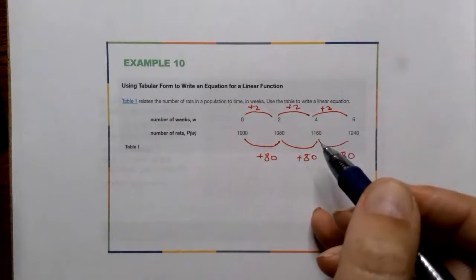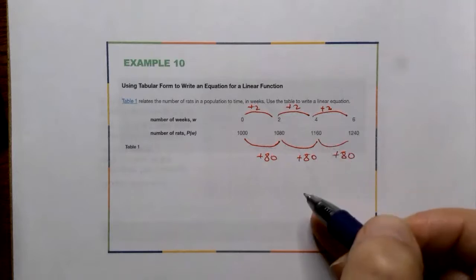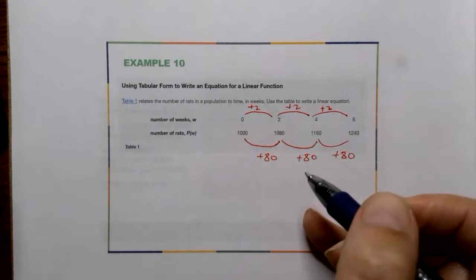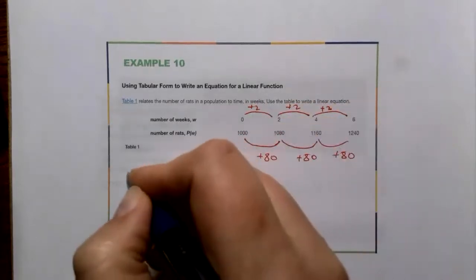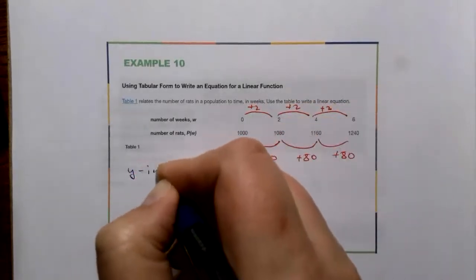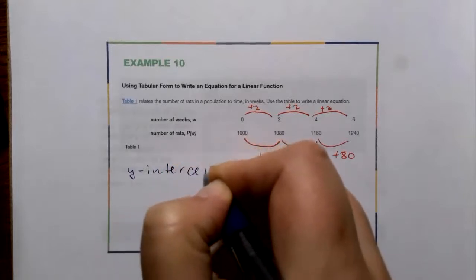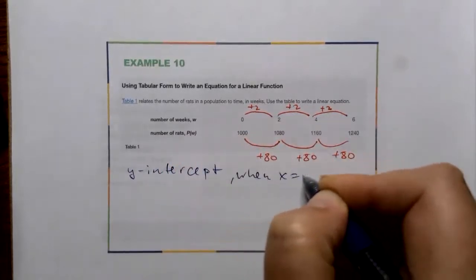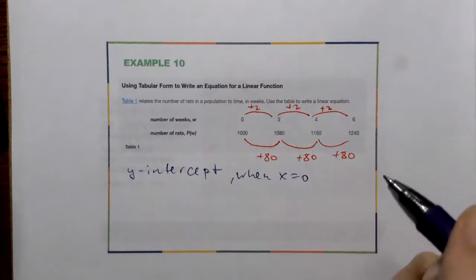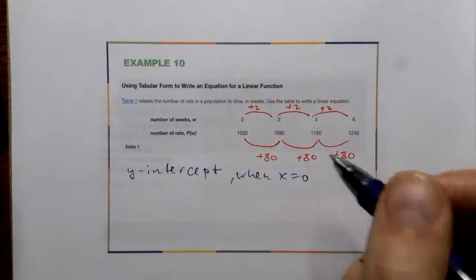And so again, we need to find the slope, and we don't have, oh, yes, we do. Do we have a y-intercept here? Yes, we do. Okay, so remember that the y-intercept happens when x equals 0. And do we have a point where x equals 0?